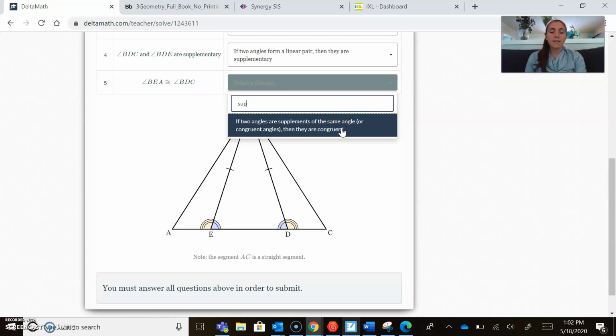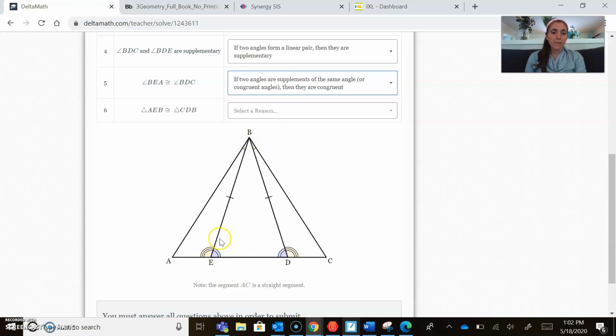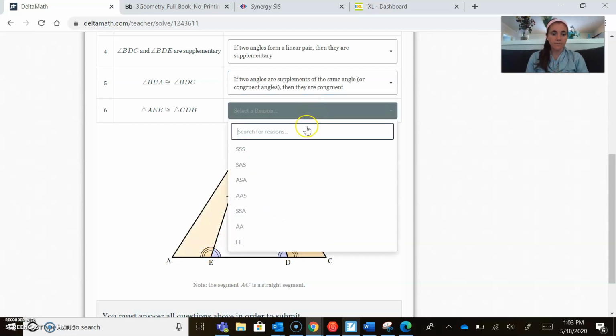So because BEA is supplementary with BED, we know BED is congruent to BDE. And then because these two are supplementary, they must be the same. All right, so that means that AEB is congruent to CDB. We have angle, side, angle, angle, side, angle.